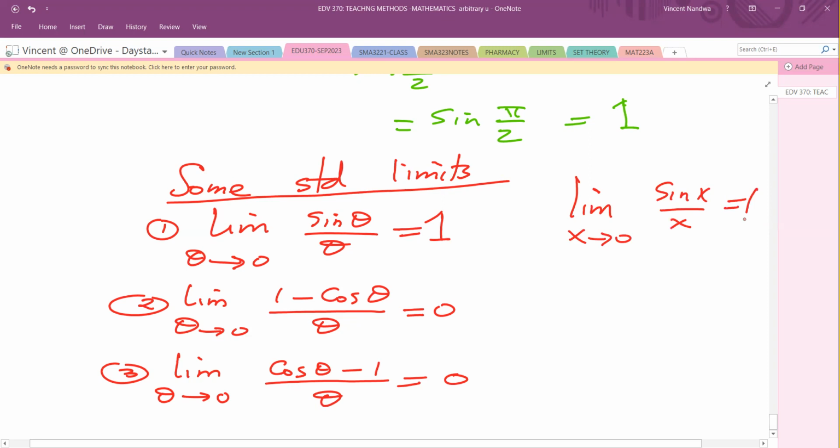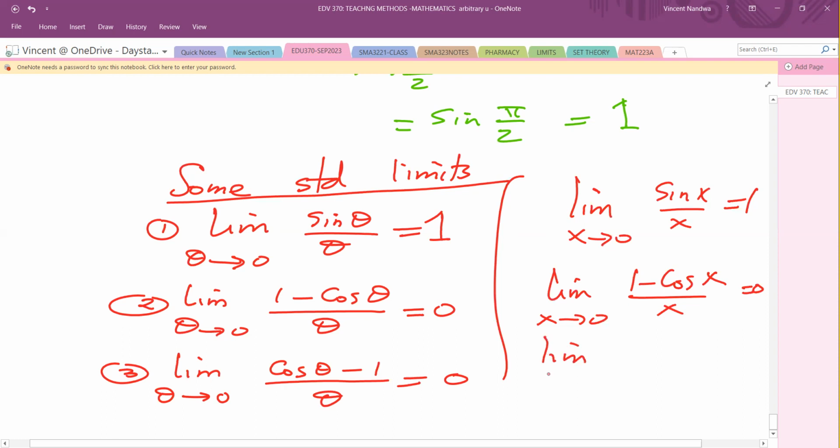So the role of theta and x will just be the same for that case. And ikisema limit as x approaches 0, 1 minus cos x over x, bado utapata 0. So hata nikichange now nikisema limit as x approaches 0 of cos x minus 1 over x, pata 0.